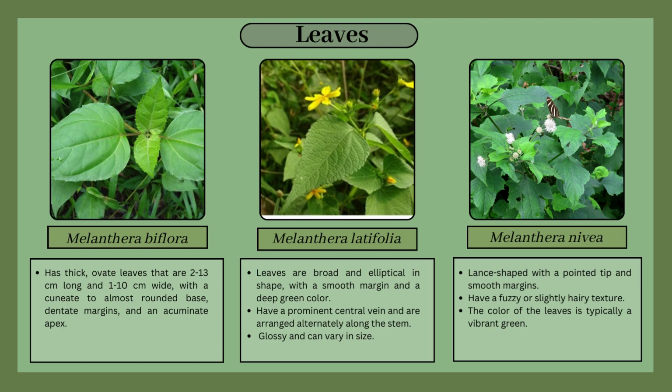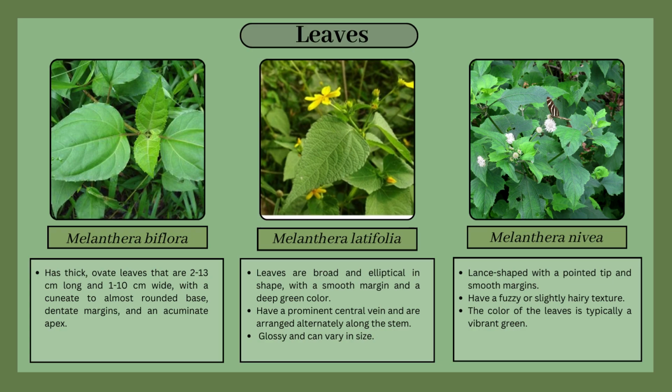For the leaf, Melothria biflora has thick ovate leaves that are 2 to 30 centimeters long and 1 to 10 centimeters wide with a cuneate to almost round base, dentate margin, and an acuminate apex. For Melothria latifolia, its leaves are broad and elliptical in shape with a smooth margin and a deep green color.